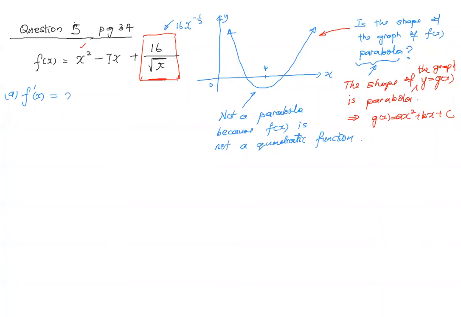2x minus 7 minus 8 x to the power of -3/2. Good. Do I need to explain how to get this part?